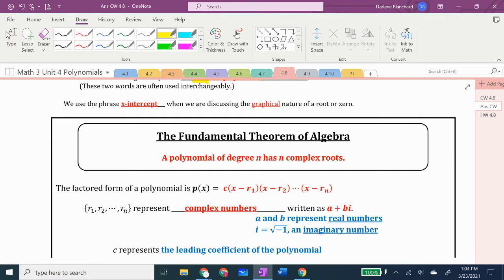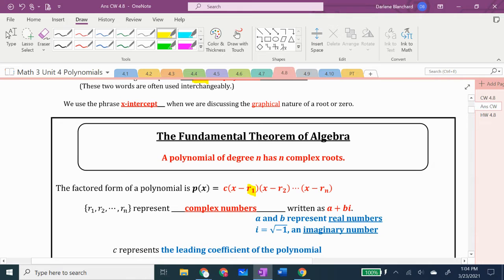And when you find a real number zero, x minus that real number is a factor of the polynomial. And I've given you problems where you have the factored form of a polynomial and you graph, so you know to solve for the equation equaling 0 will give you an x-intercept.